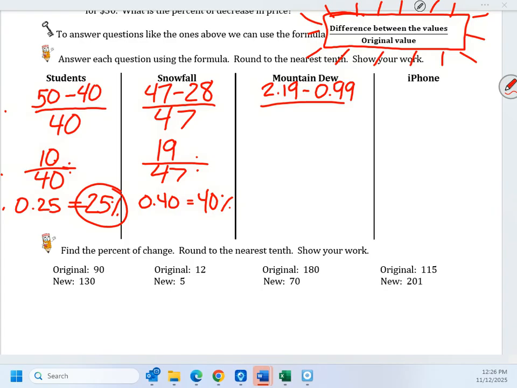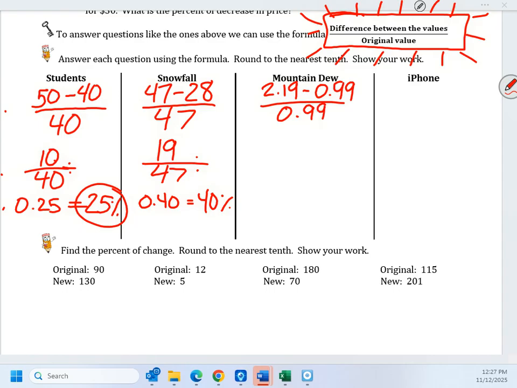So in 1998, a 20-ounce bottle of Mountain Dew was 99 cents. In 2023, it's now $2.19. So look at our two numbers given that you used, our two amounts. $2.19 minus 99 cents. So yep, we saw other numbers.